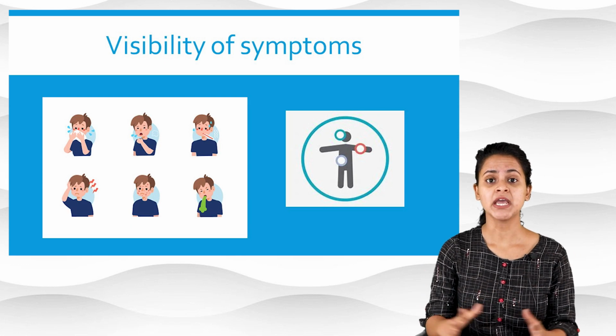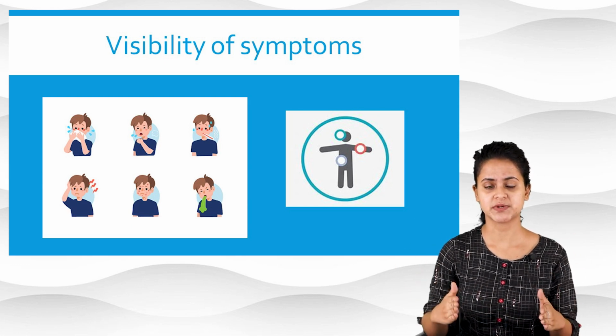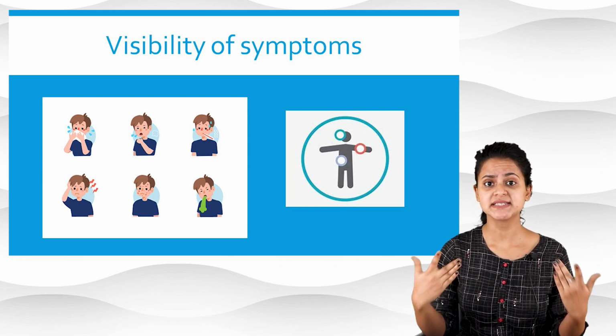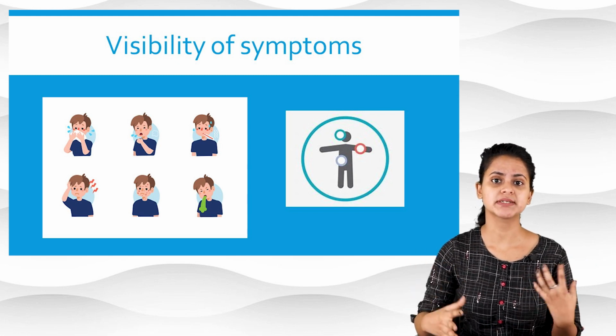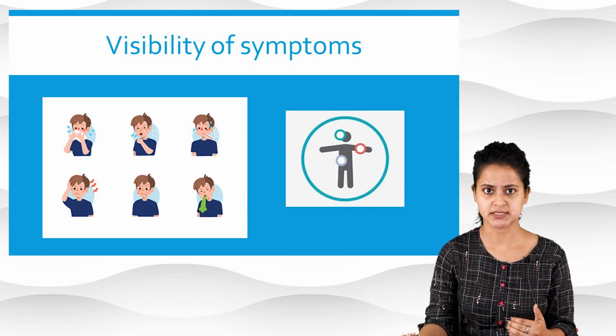That is the reason why visibility of symptoms, if present, increases the complexity of the disease process. For example, a person who presents with oral cancer, or who has changes in their facial area or mouth, will be more visible than a person with liver cancer, right?